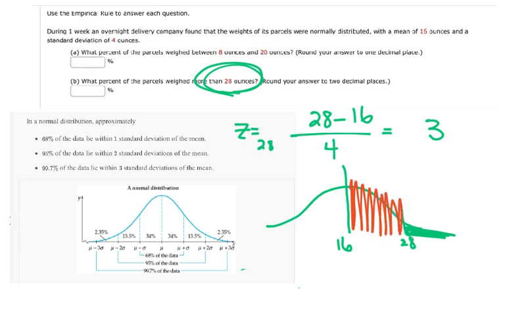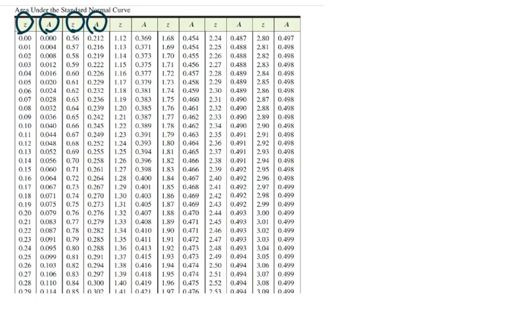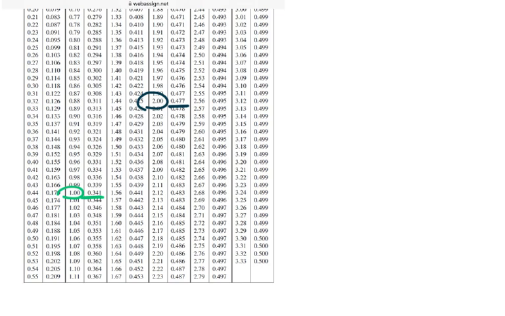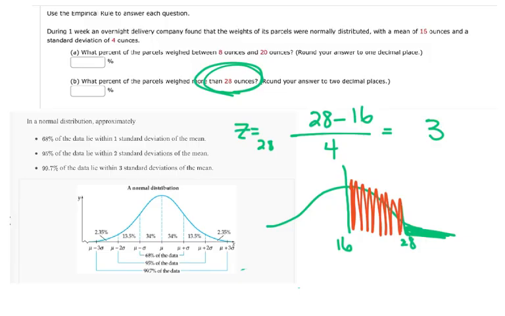So let's go look it up on the table real quick. We'll go find 3. Oh my goodness, I about chopped it off. But I can see right there that it says 0.499. Okay, so I'm going to go back. That means this area right here is 0.499. But I want this tiny little bit in the tail.